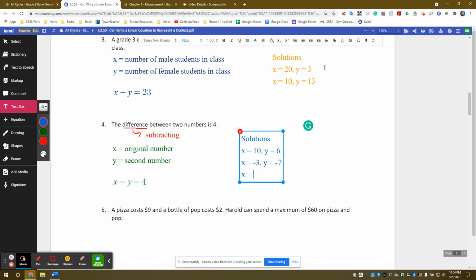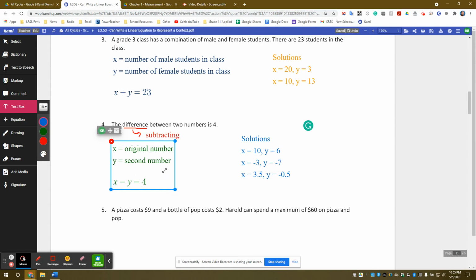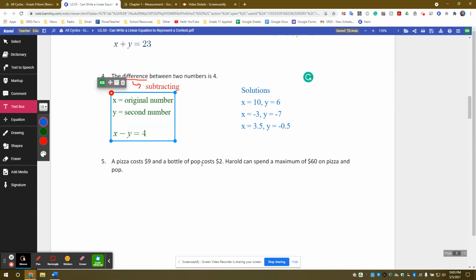If x is equal to 3.5, y has to be equal to negative 0.5 because it is 4 less. So that's how we can come up with our solutions to that question. Again, another way of combining, but now we're subtracting, and difference is the big word there.